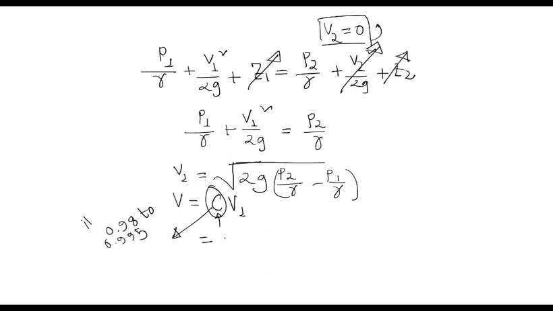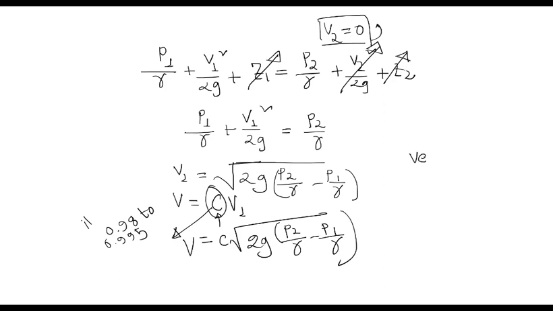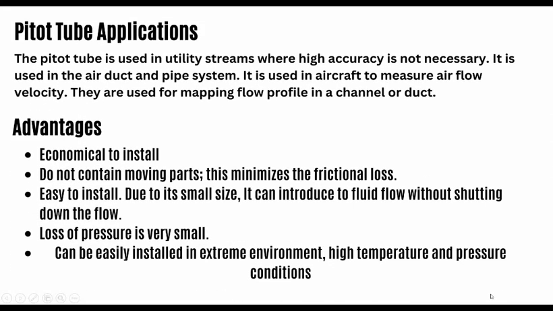So we can write the velocity equation with (P2 by gamma minus P1 by gamma). That's our discharge equation, and we know Q is equal to V times A. After that we can multiply by the area, and we can find the discharge also.